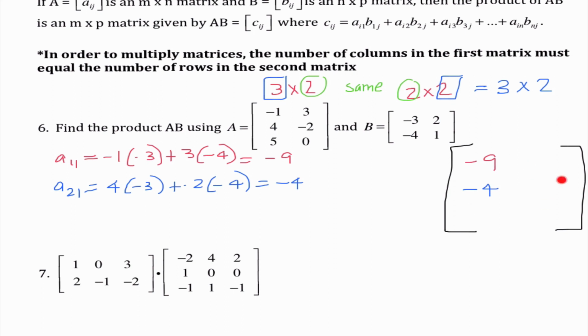Notice over here, I'm putting it in row 2, column 1. So that's where that entry would go. Okay, next, A sub 3, 1. That means I'm taking, you guessed it, row 3 times column 1. So I'm going to do 5 times negative 3 plus 0 times negative 4. So I get negative 15.